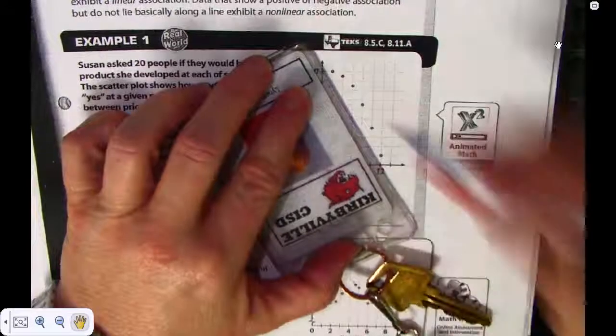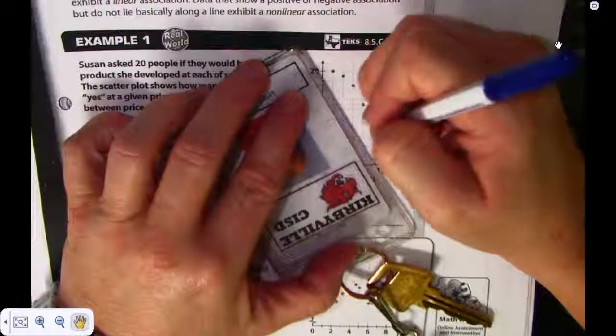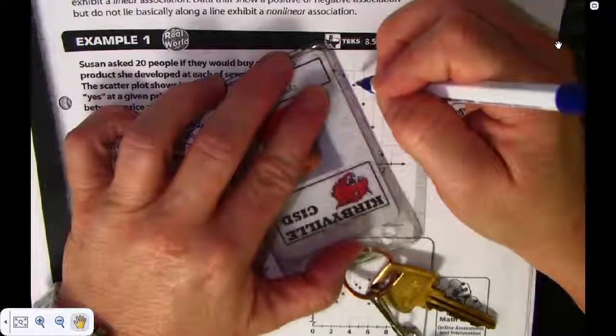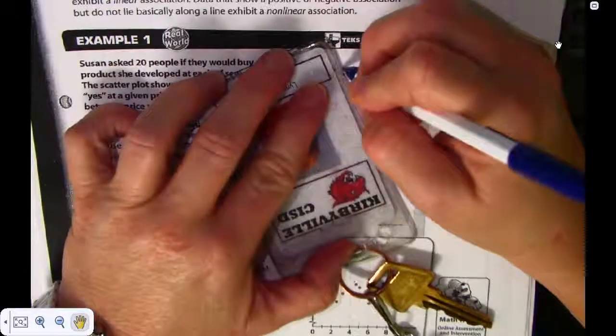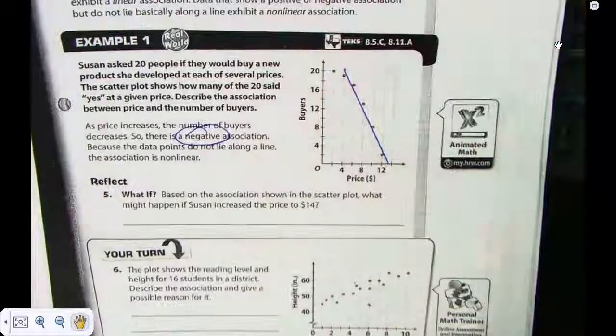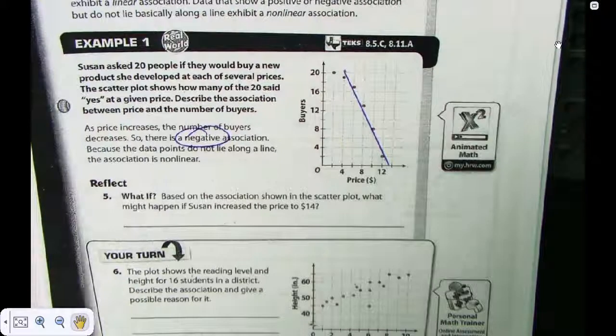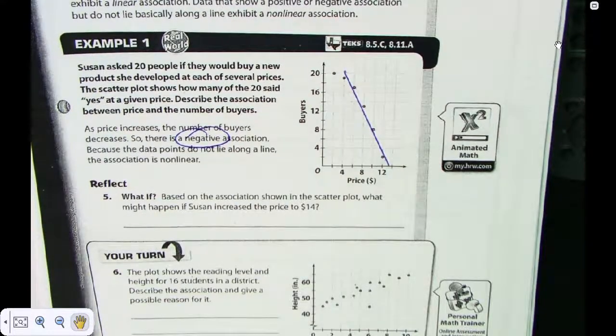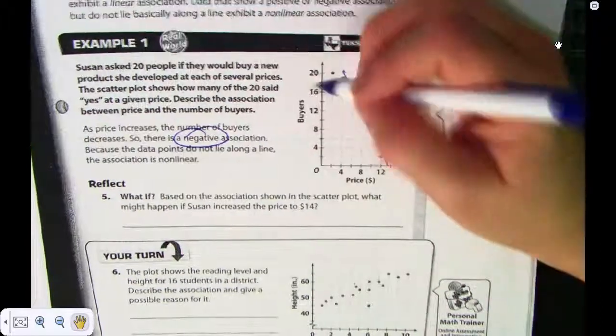No. But look, 1, 2, 3, 4, 5, 6. It would be about like that. It does show that it's coming down. And so it's negative.